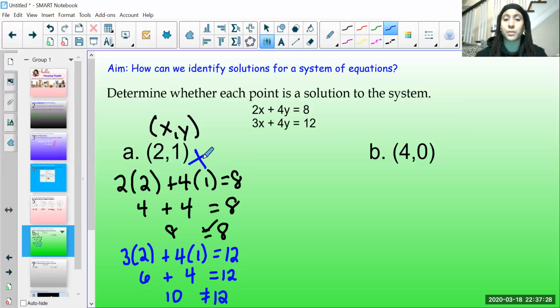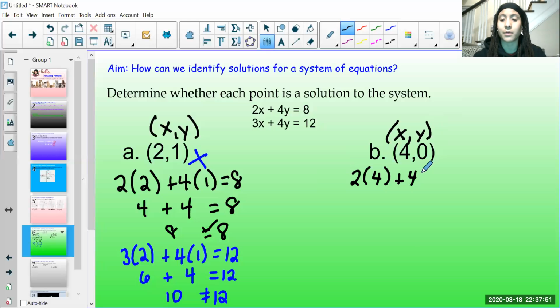So let's try the next one. Once again, the first term in an ordered pair is x and then y. So now again, we're going to do it again. So we have 2 times 4 plus 4 times 0.